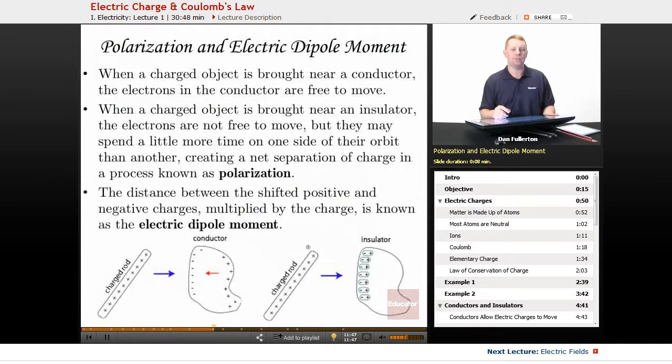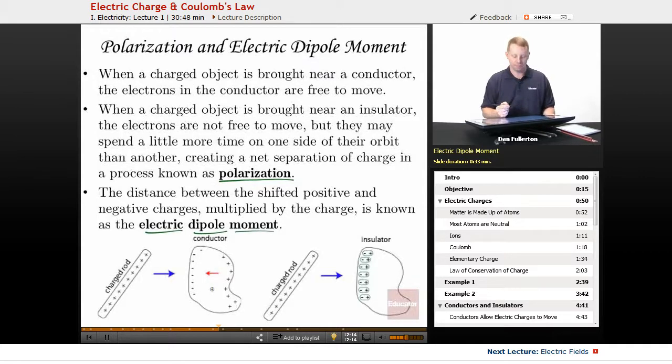Let's talk about that a little bit more. When a charged object is brought near a conductor, the electrons in the conductor are free to move. But when a charged object is brought near an insulator, the electrons aren't free to move. They spend a little more time on one side of their orbit, creating a net separation of charge known as polarization. Now, the distance between the shifted positive and negative charges multiplied by the charge is known as the electric dipole moment.